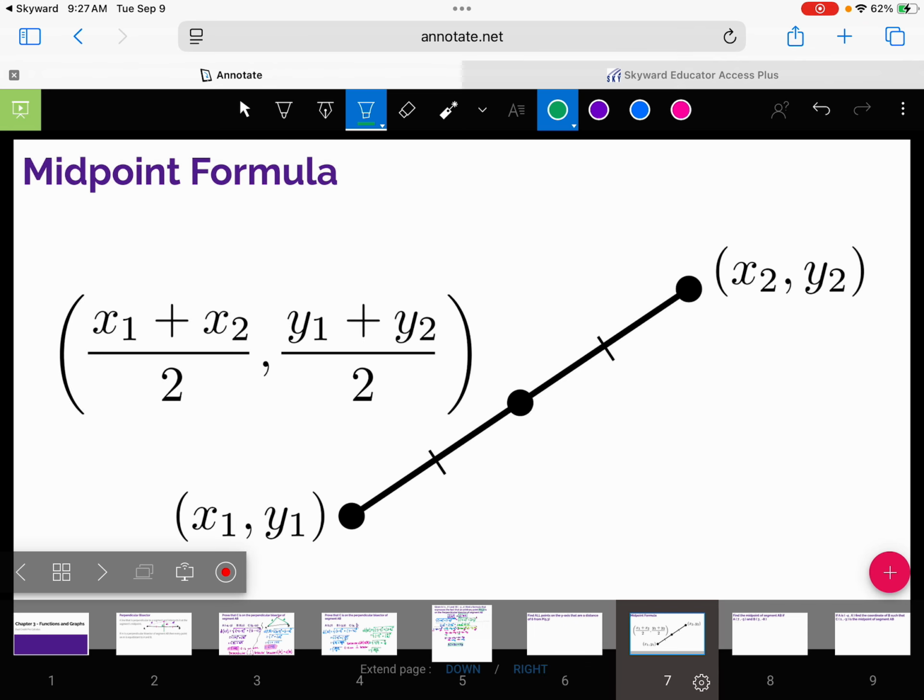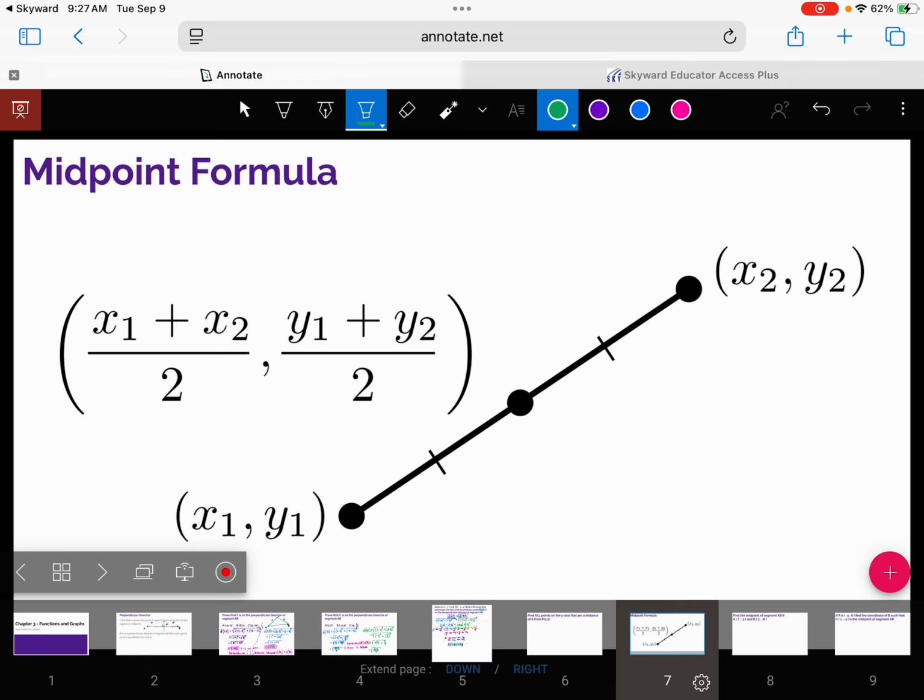All right, before we get into some more practice stuff, I'm going to give us one other formula to look at, because we will have times where we need to find the midpoint. Ew. It looks icky. I promise it's not that bad. So if we're given 2 points, x1, y1, x2, y2, just like we had for our distance formula, to find that midpoint, you average the x's and you average the y's.